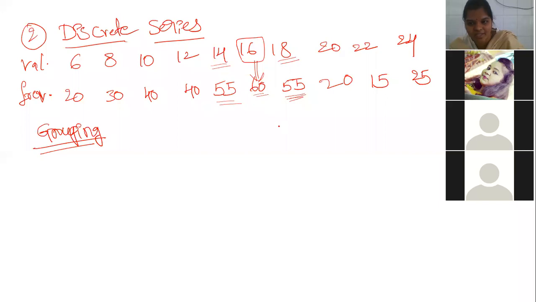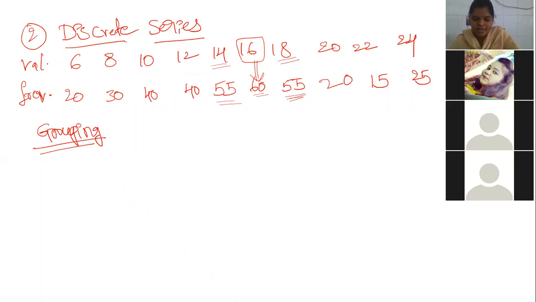In such cases, it is desirable to prepare a grouping table. So from the given data, it is absolutely telling us that 16 is the modal value. But on either side of this 16, we are having high numbers. In these cases, we cannot decide the exact modal value directly. For that, we are going for grouping the data.